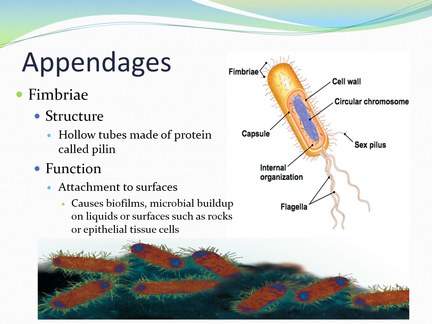Moving on to another appendage, this is fimbriae. Fimbriae are going to be hollow tubes, also made of protein, called pillin. What these guys do is help the cell attach to surfaces. If you look at that illustration, we can see the fimbriae coming off of the outside of the cell, as if the cell were like a sausage that got rolled around in a hair salon.